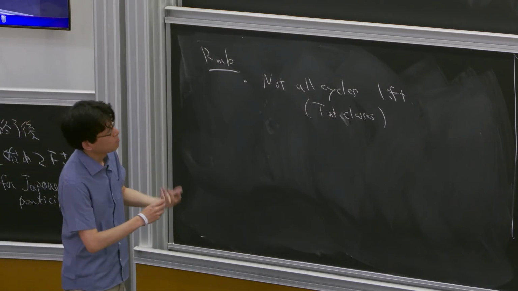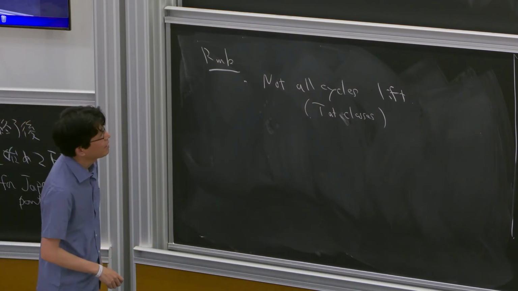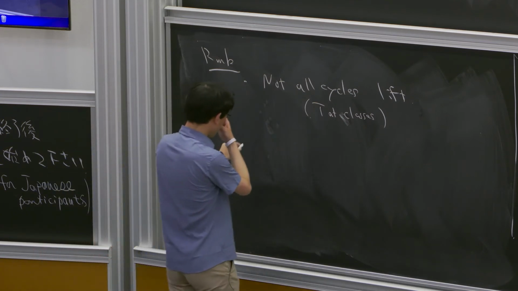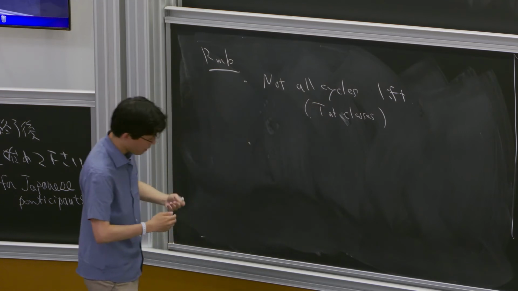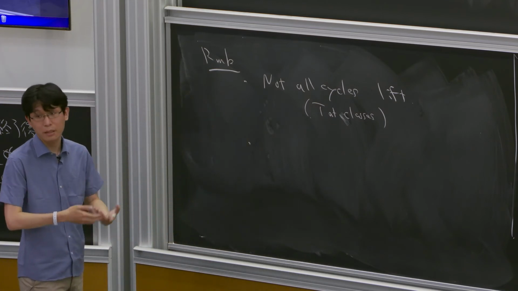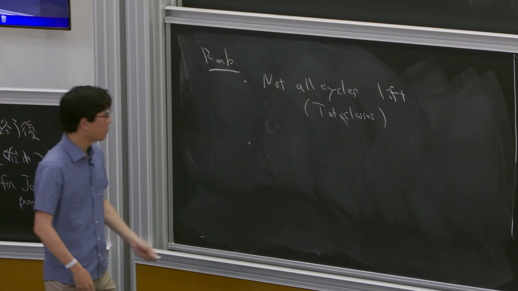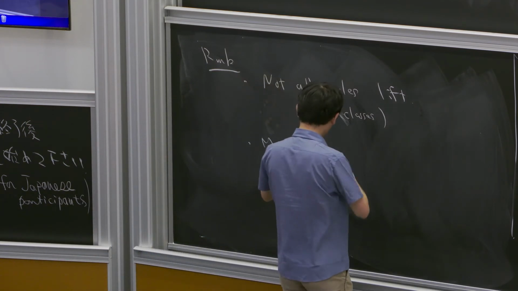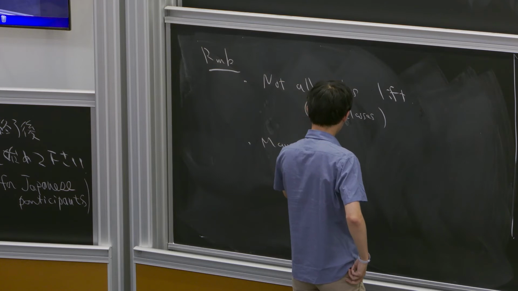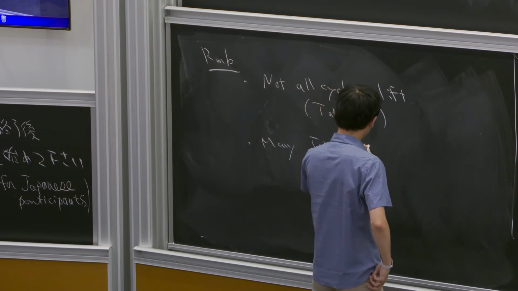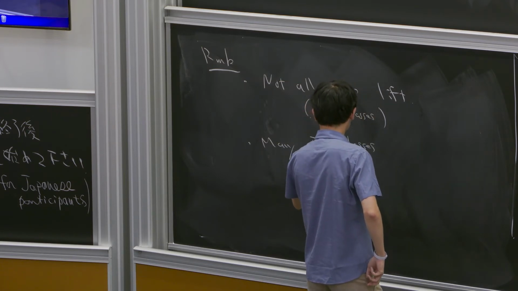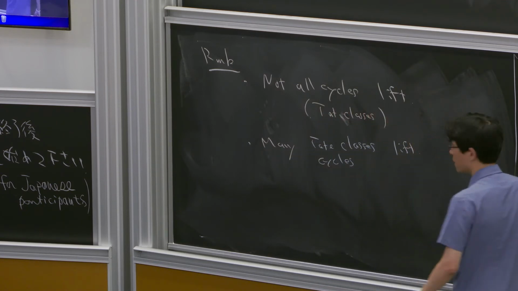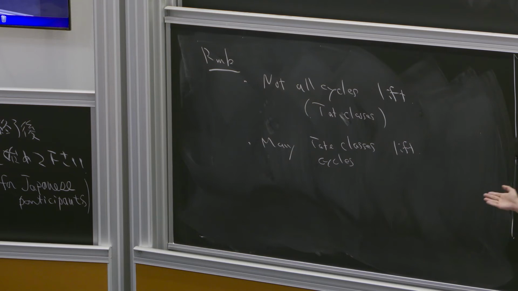In the argument, we just show that sufficiently many classes lift. So still, so many Tate classes or cycles lift. And in the case of the Tate conjecture, this is enough.